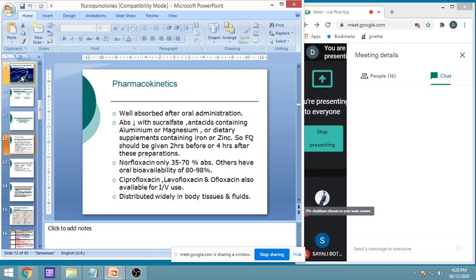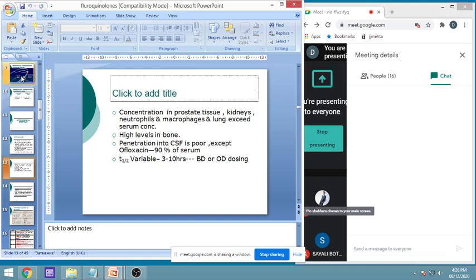Norfloxacin is only 35 to 70% absorbed. Others have bioavailability of 80 to 98%. Ciprofloxacin, levofloxacin, ofloxacin are also available for intravenous use in addition to oral use. They are distributed widely in body tissues and fluid.